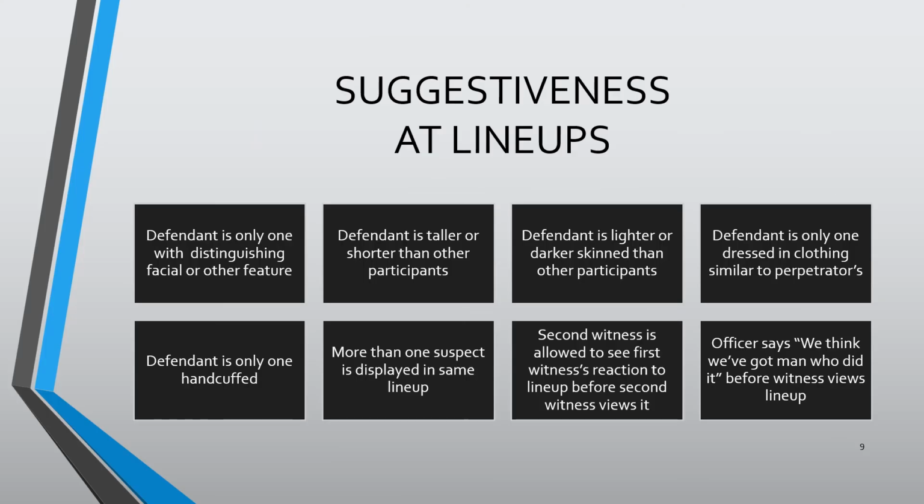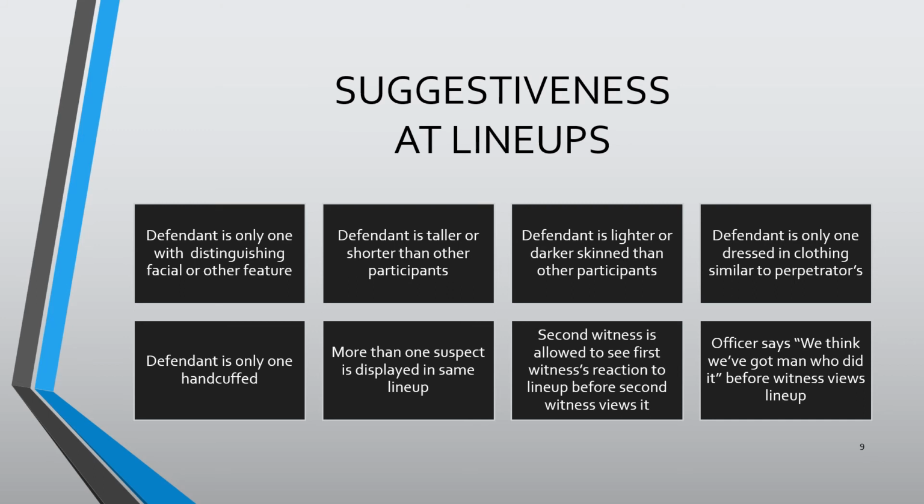Suggestiveness at lineups, which might get the procedure thrown out during a pretrial motion, can include that the defendant is the only one with a visible, distinguishing facial or other features, such as a mustache, a beard, a scar, a tattoo. The defendant is visibly taller or shorter than the other participants.